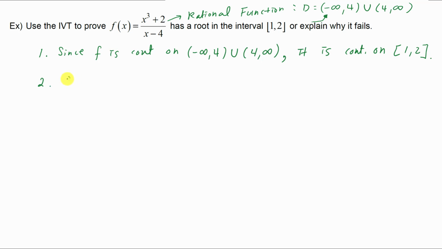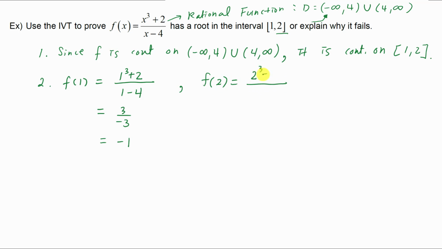So let's calculate f of 1. f of 1 is 1 cubed plus 2 over 1 minus 4, which is equal to 3 over negative 3. So I get negative 1. And f of 2 is equal to 2 cubed plus 2 over 2 subtract 4, which is equal to 8 plus 2 over negative 2, which is now negative 5. So f of 1 is not equal to f of 2.